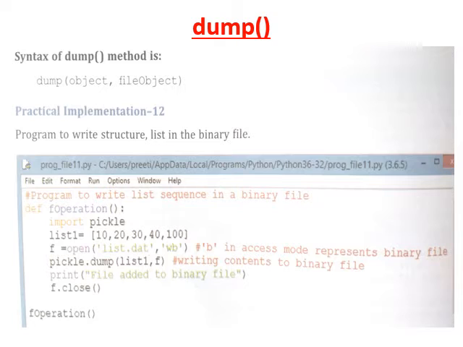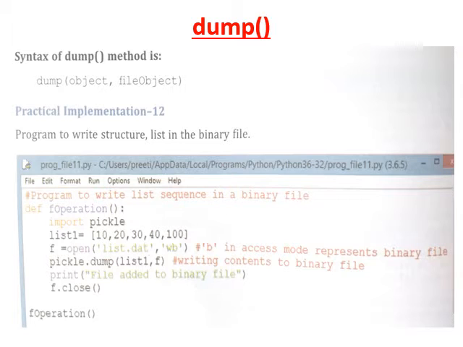Now let us see one program in which we are trying to write a structure list in the binary file. That means we are creating a binary file and we are trying to store a list inside that. So first of all, a remark line or a comment line is there, program to write list sequence in binary file.